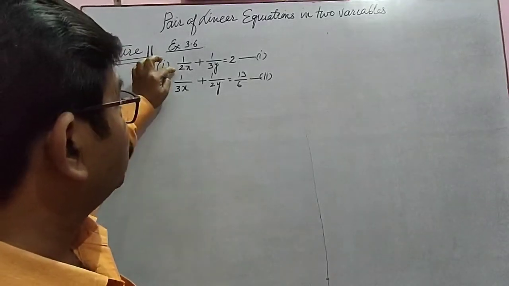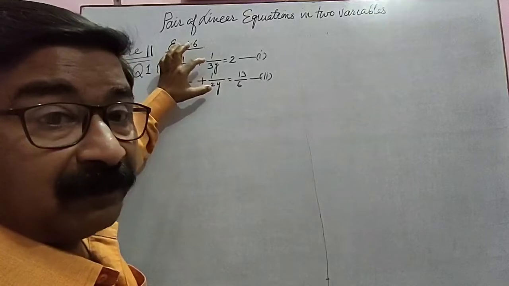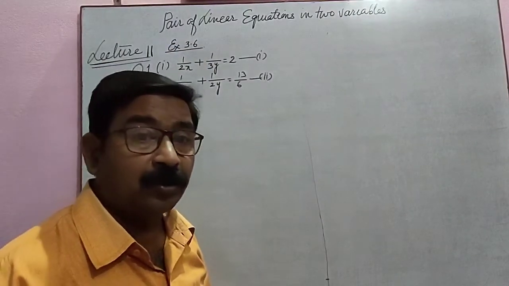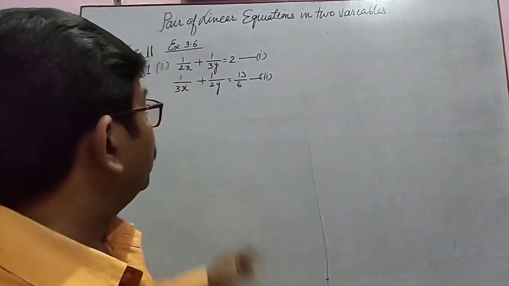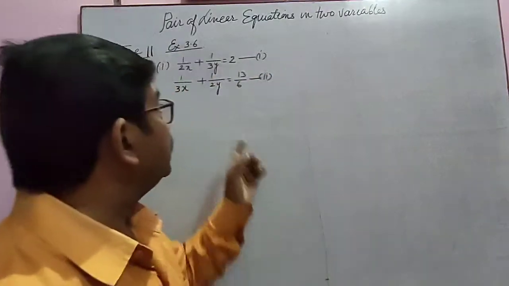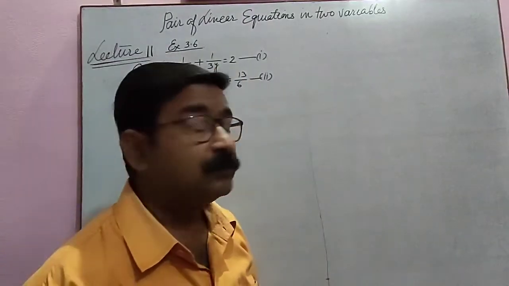Means the coefficients of x and x in two equations same, the coefficients of y and y in two equations same. And for doing so, we multiply the whole equation by the LCM of the coefficients of x and y in two equations.